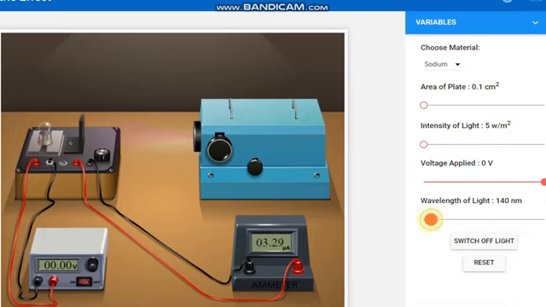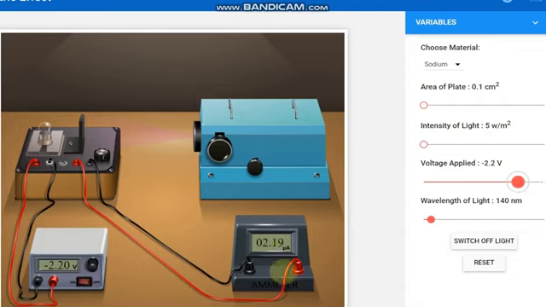You adjust it to 140 nanometers. Now the wavelength of incident electromagnetic radiation is 140 nanometers. For this 140 nanometers, again you have to find the stopping potential. It is showing 3.29 microamps as the current flowing through the circuit when the incident electromagnetic radiation has 140 nanometers. Then again you increase the potential in the reverse direction and note down the stopping potential.